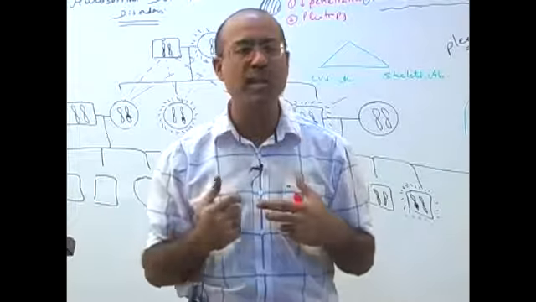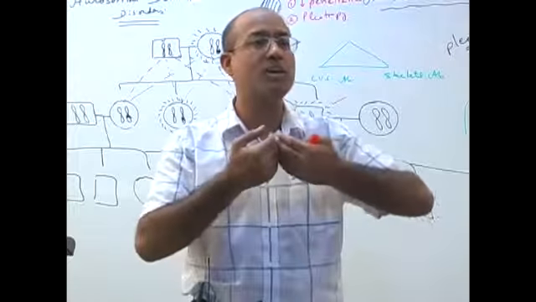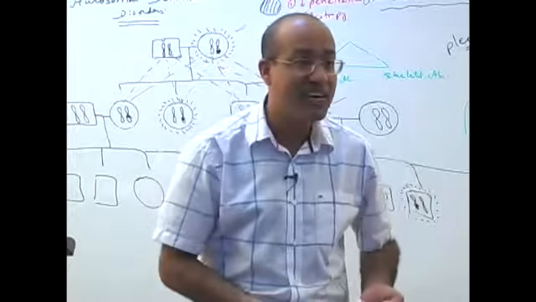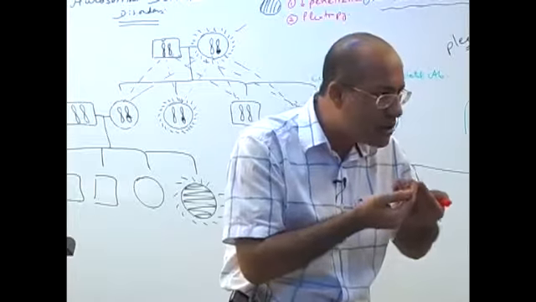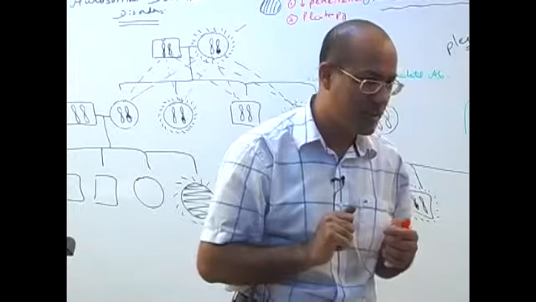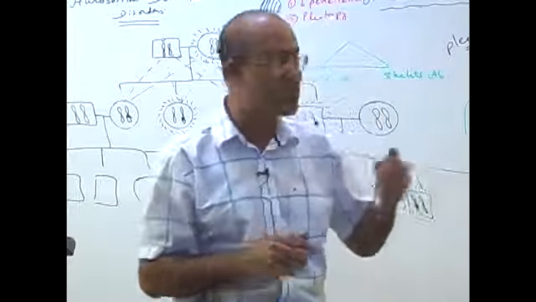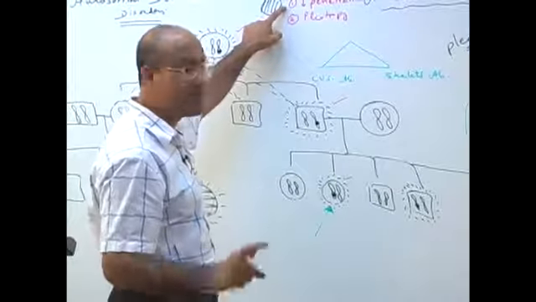For example, you may have one Marfan syndrome patient where the aortic valve regurgitates heavily, another where the aortic valve regurgitates little. Now this is a new concept as compared to non-penetrance.